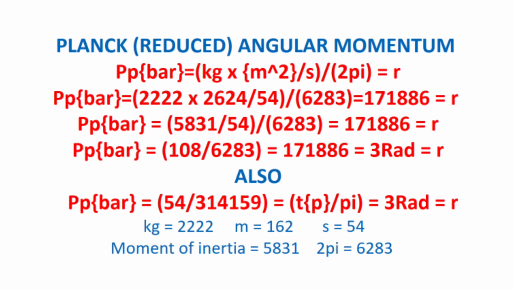Consequently, the reduced Planck constant or reduced Planck angular momentum dimensions do exactly correspond to the actual numerical value of the photon radius, or kilograms times meters squared over seconds divided by 2 pi equals 171886. This correlation undeniably proves that the origin of the reduced Planck constant or reduced Planck angular momentum is a direct consequence of the internal rotational dynamics of the current model's proposed photon dimensions.